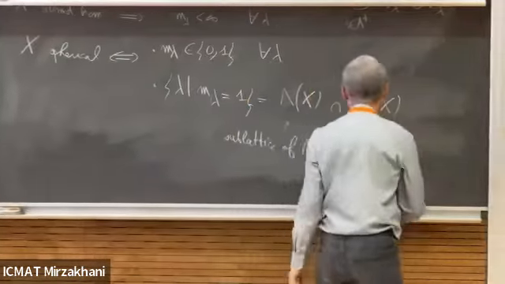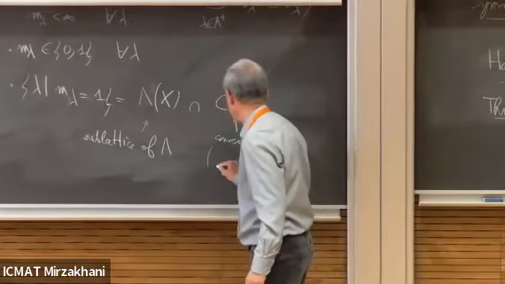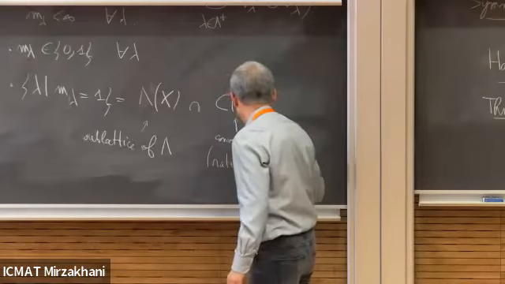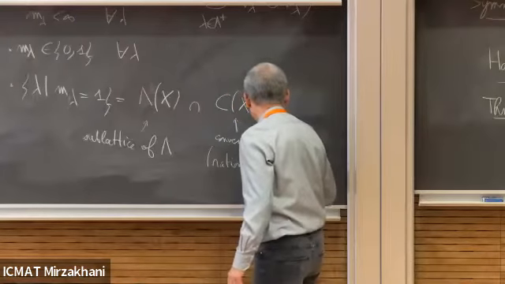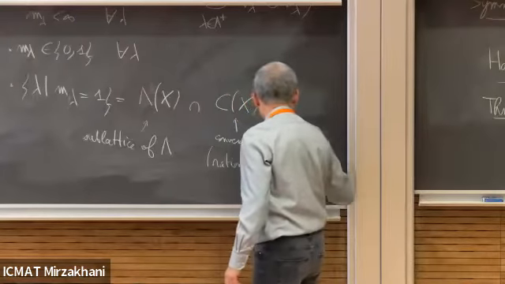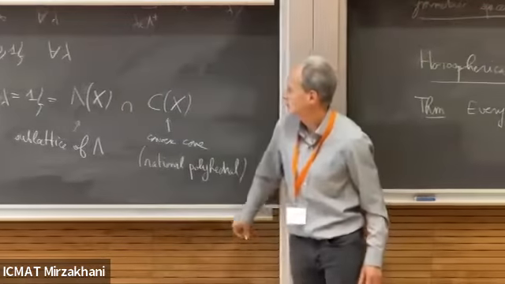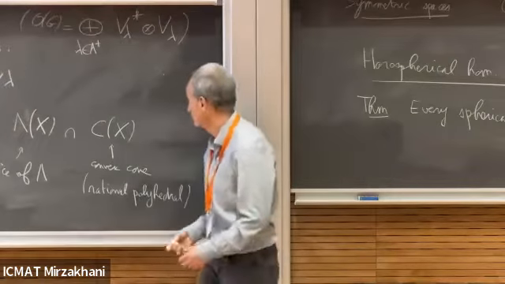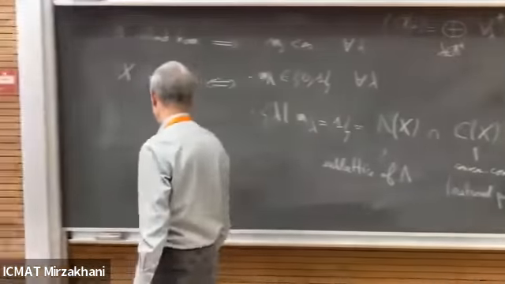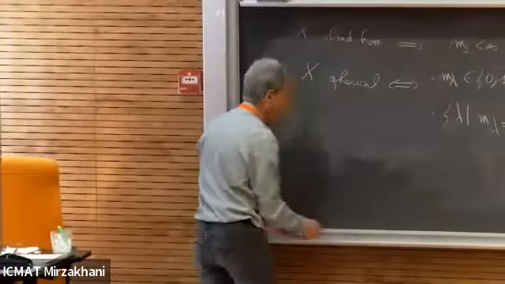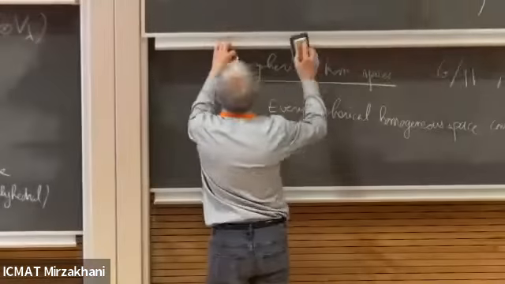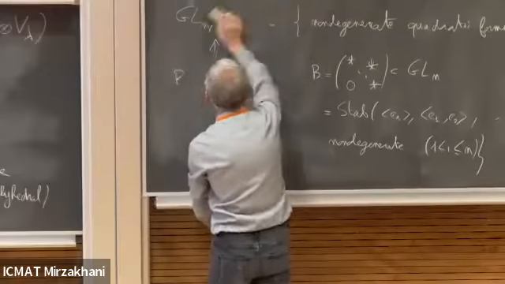Here you may assume that the cone is a rational polyhedral cone. So that's something which is really directly analogous to toric varieties.